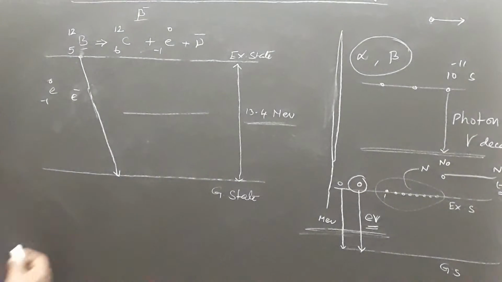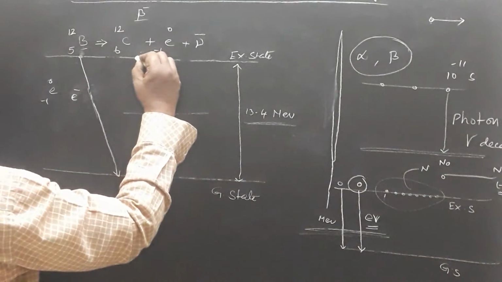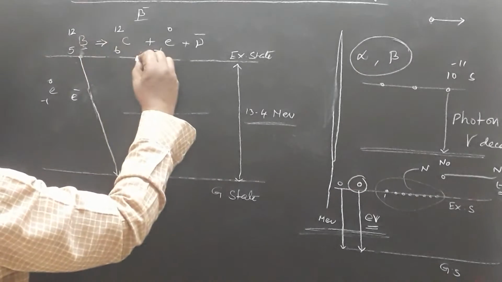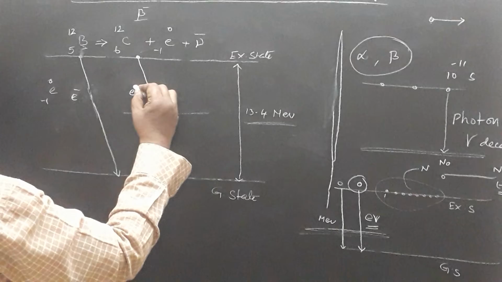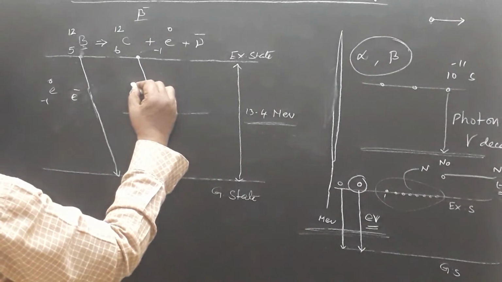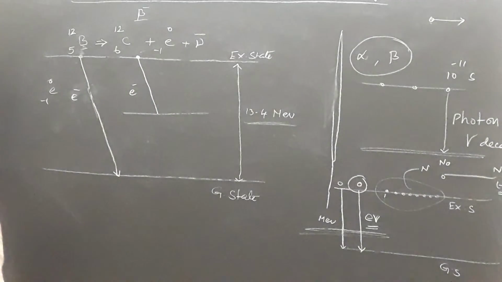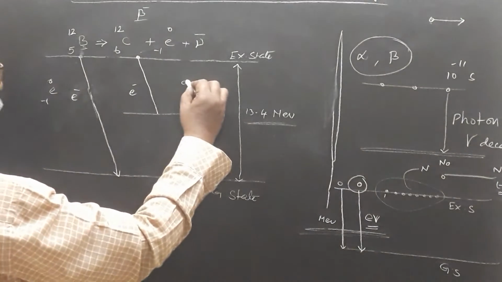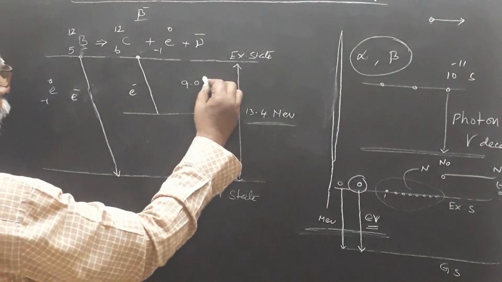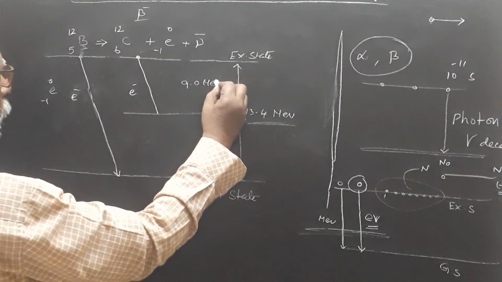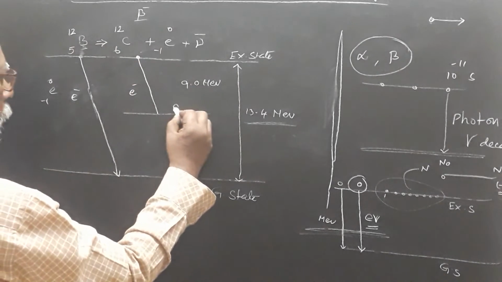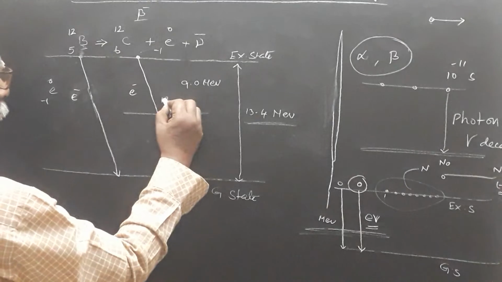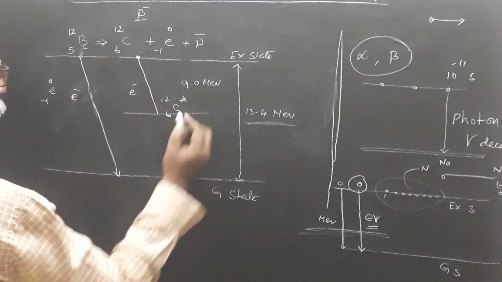Suppose this boron emits an electron and 9.0 million electron volt, and changes into carbon, an isotope of 6C12.